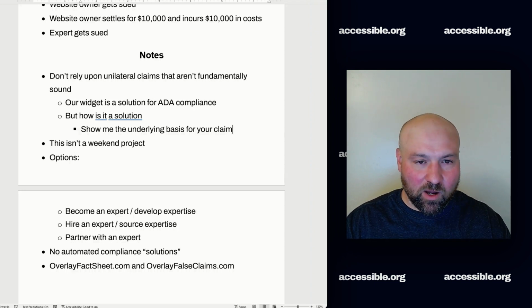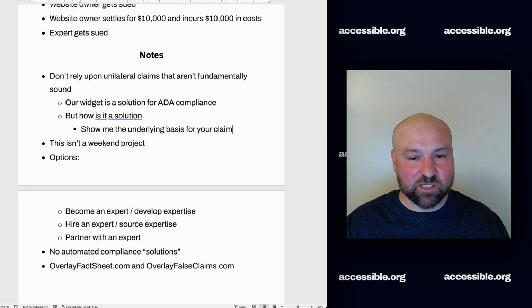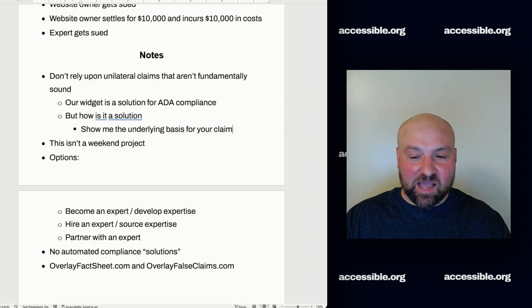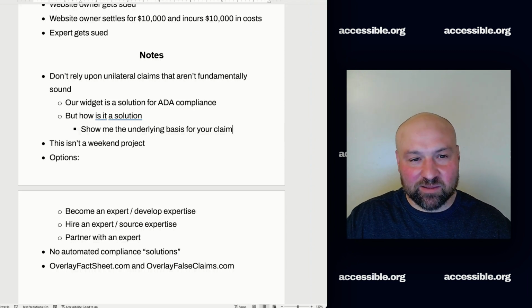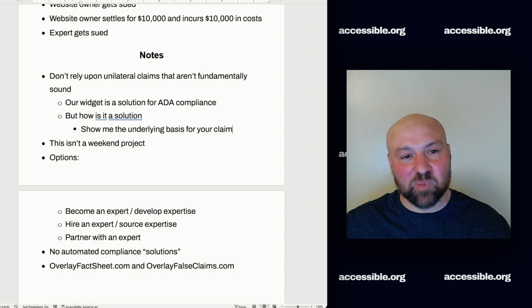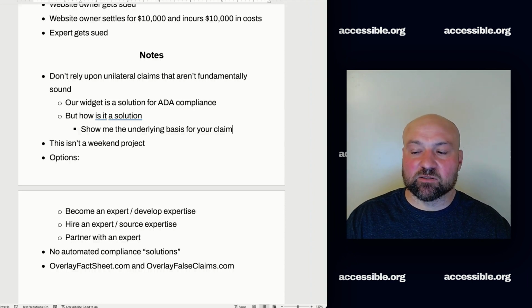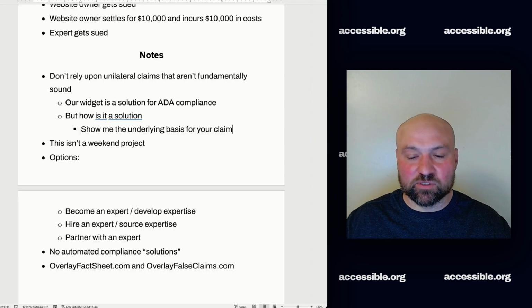Again, no automated compliance "solutions," quote unquote. Solutions is actually a positive word, but in the digital accessibility space, it ends up being a negative word because so many bad actors have used it to communicate that their widget does more than it does.